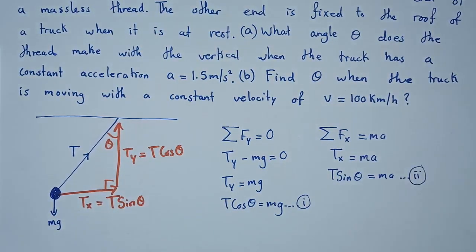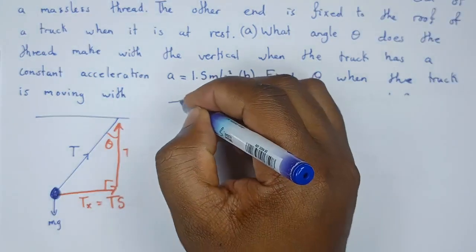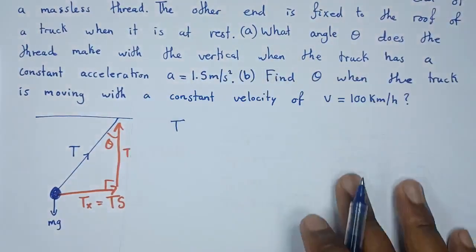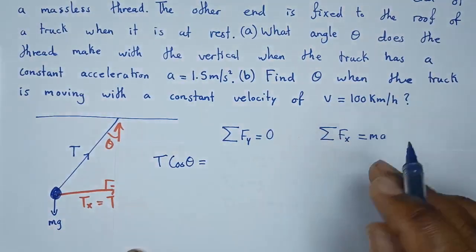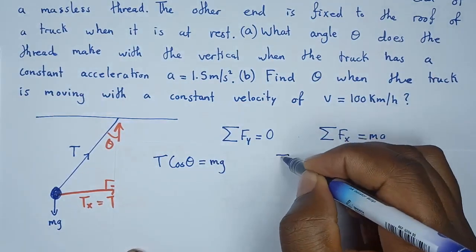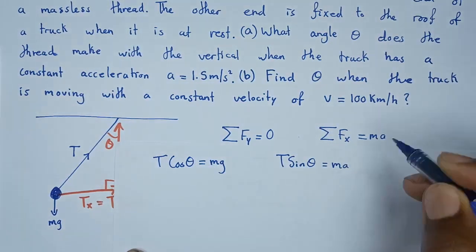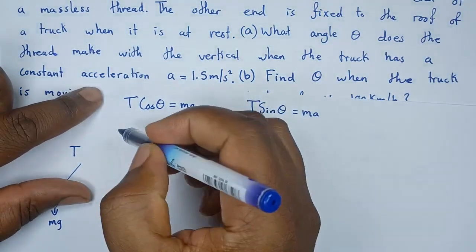So how can we combine the two to find the angle of interest? Let me rewrite them here. T cos theta is equal to mg, and T sine theta is equal to ma. Let's start with the first one and make T the subject.